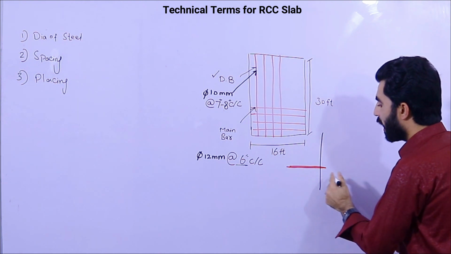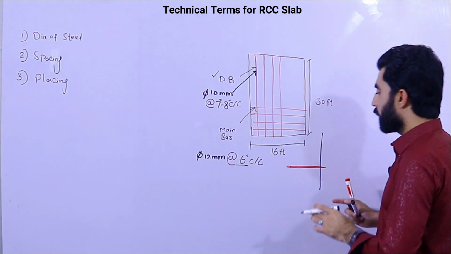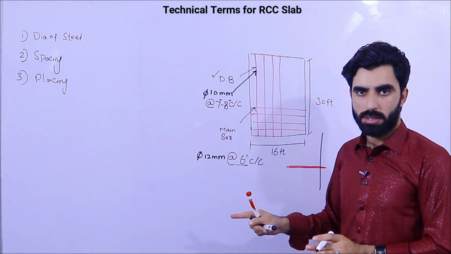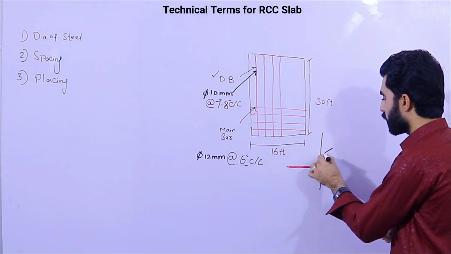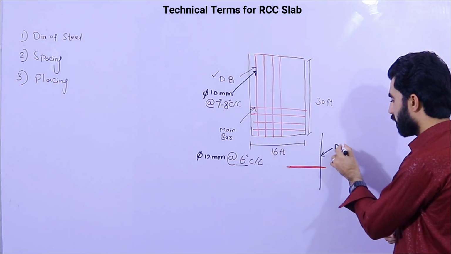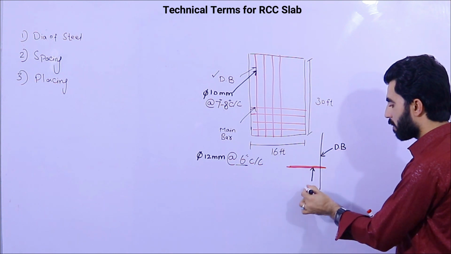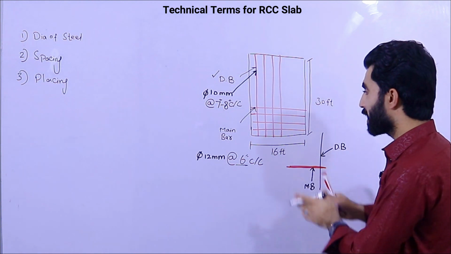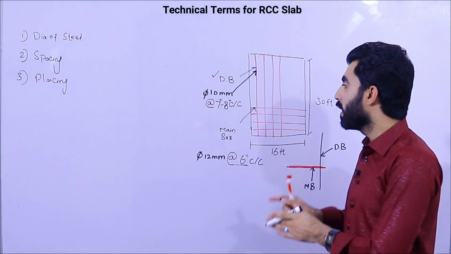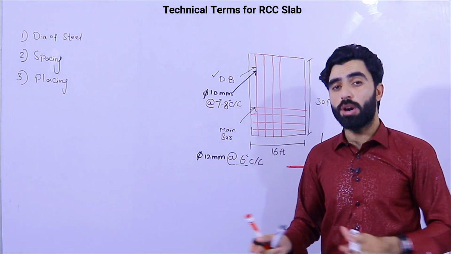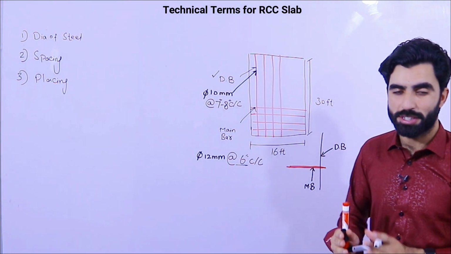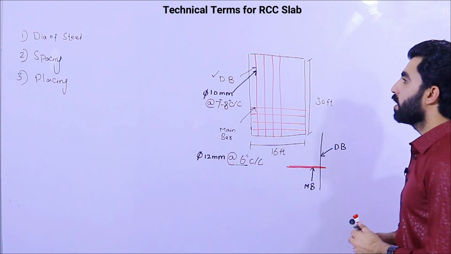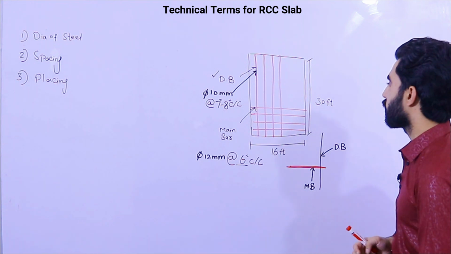Therefore, why is it called the main bar? Because it is placed before the distribution bars. So this bar is the distribution bar and this one is the main bar. Therefore I am telling you the main bar dia should be maximum, try to use maximum compared to distribution bars. If you are using the same dia for main bars and distribution bars, it's also fine for you people. Now this is the spacing which I have discussed in front of you.